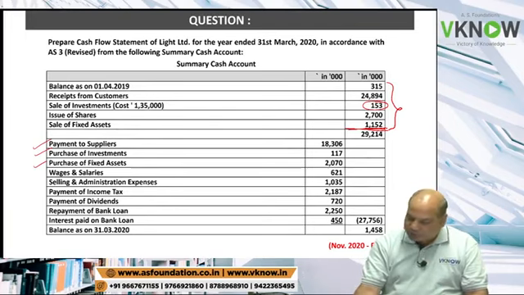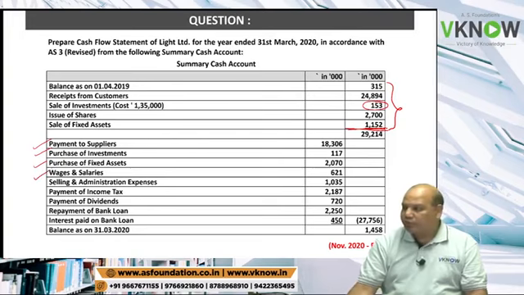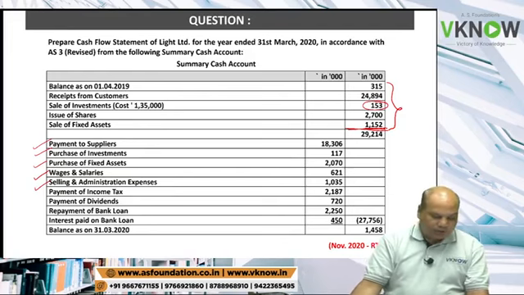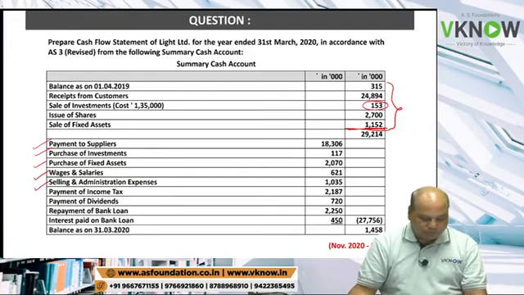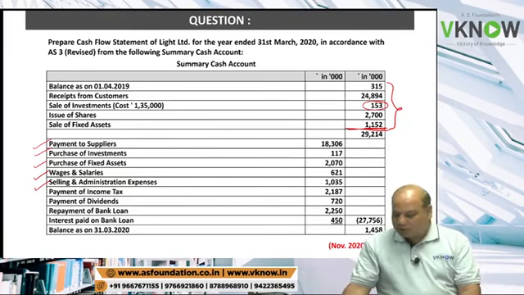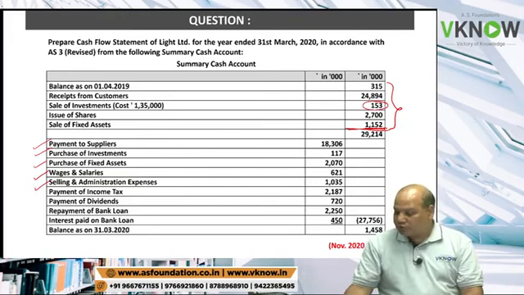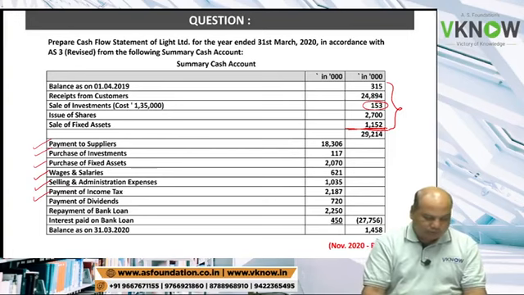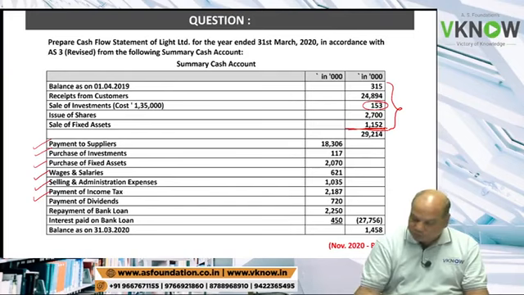Wages and salaries 621. Selling and administration expense 1035. Payment of income tax 2187.